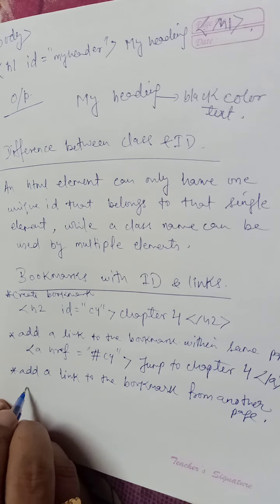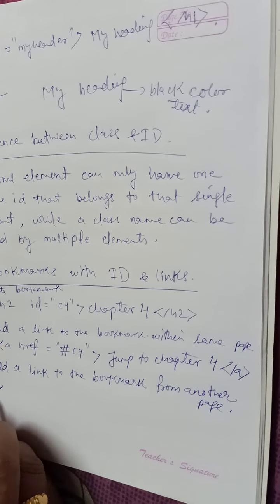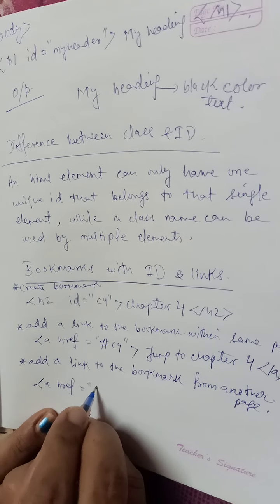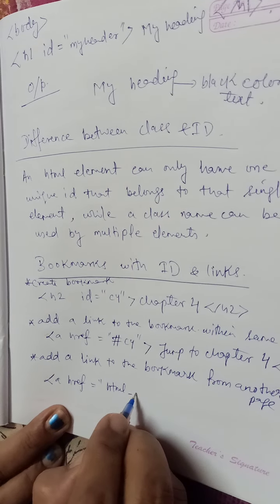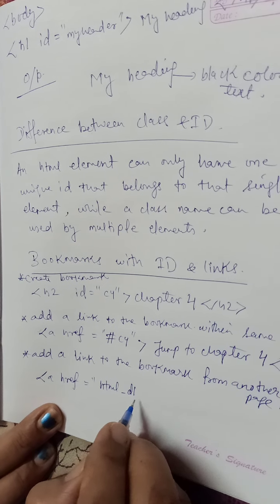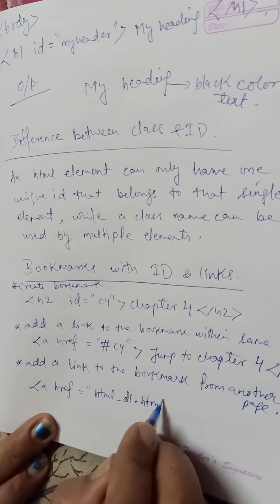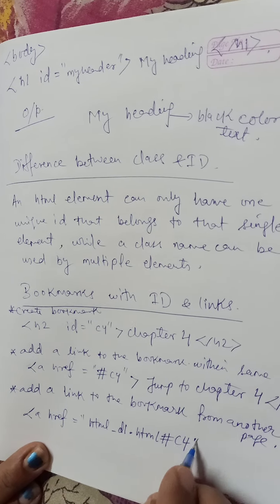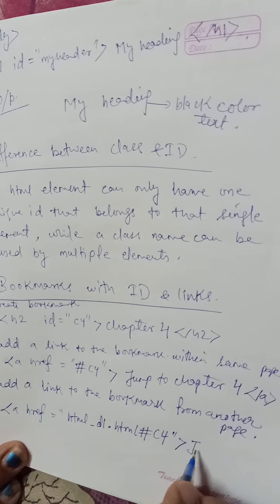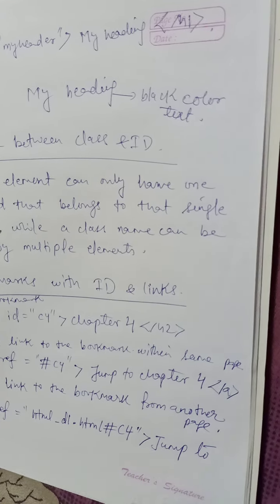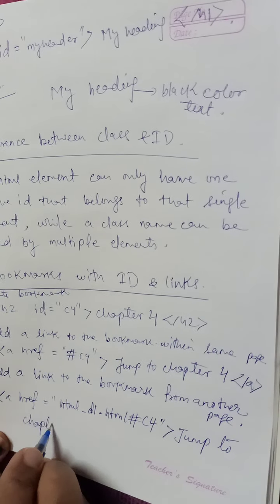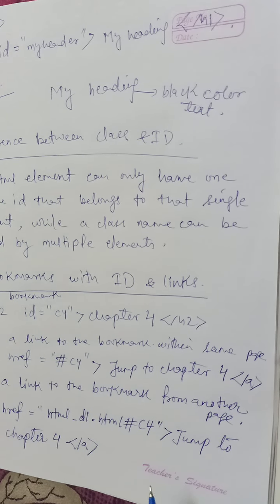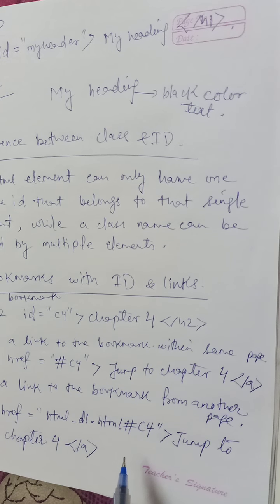When we are going from another page, we write it like this: we use the anchor tag, then suppose d1, this is my HTML file name, followed by hash c4. So this is the text, jump to chapter 4. This is the text which will be displayed.